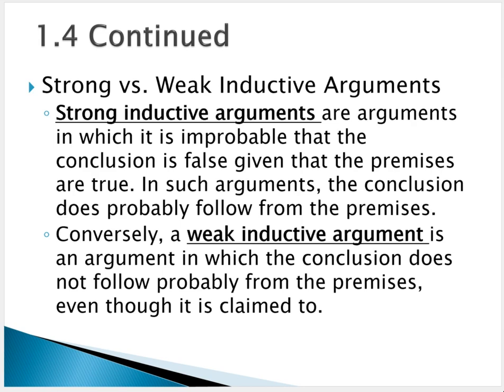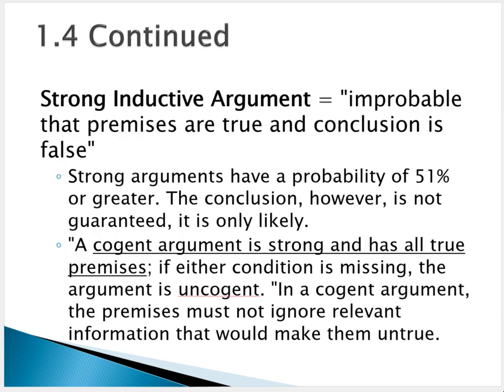Okay, so strong versus weak. So a strong inductive argument is improbable when the premises are true and the conclusion is false. That just means they have a probability of 51% or greater that you're not going to have that true premise and that false conclusion.